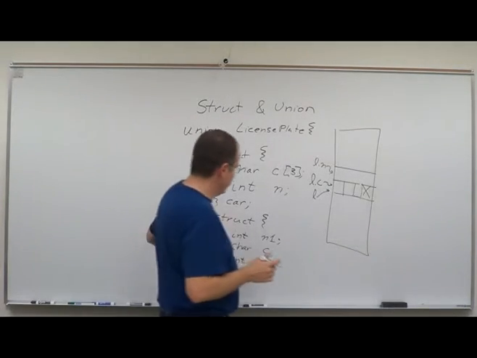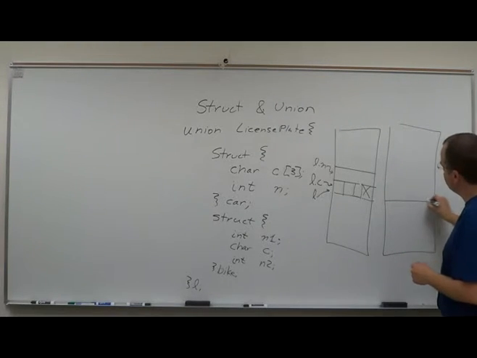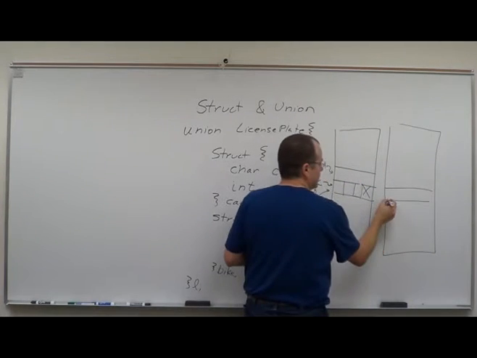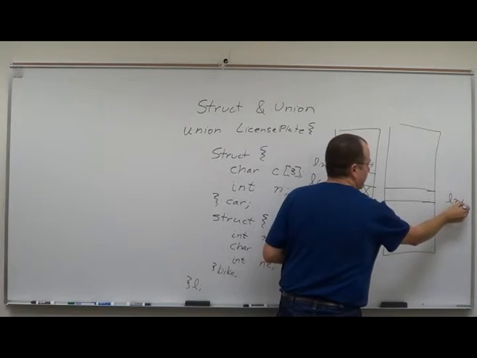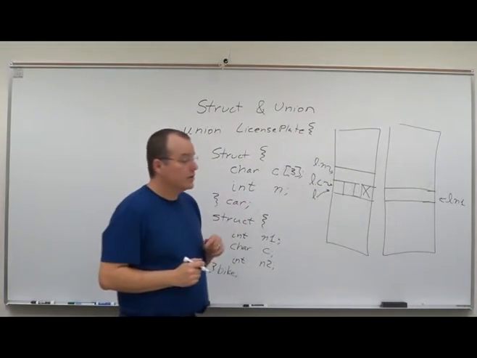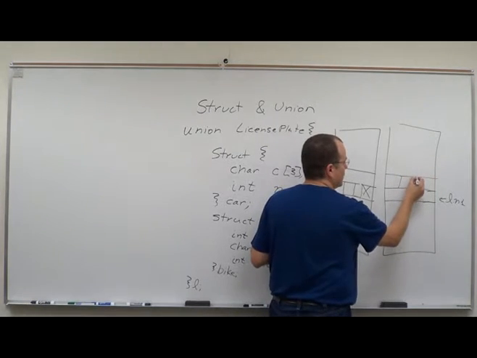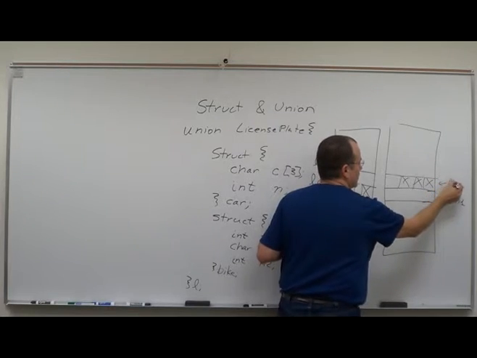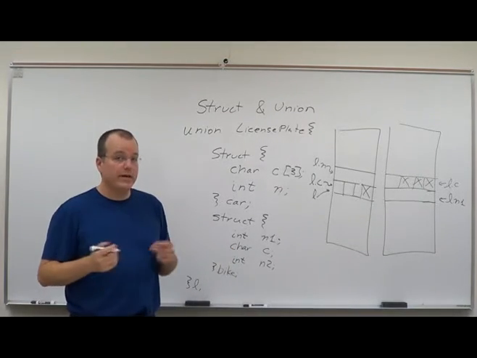If it's a motorcycle, if it's a bike, my union L is going to start at the same spot. But this first 4 bytes, L.N1, is actually going to start where the character started for the car, followed by one character for the character in the license plate and 3 bytes of padding.